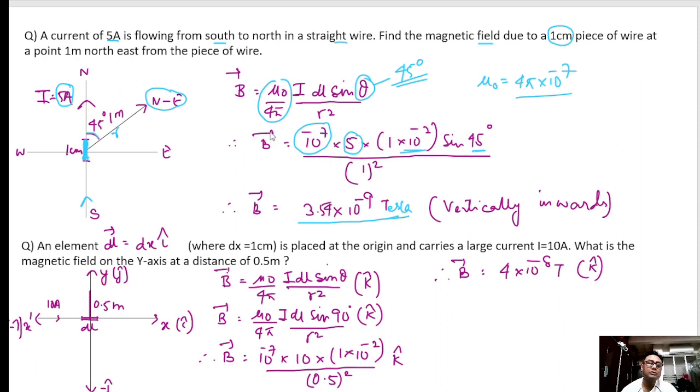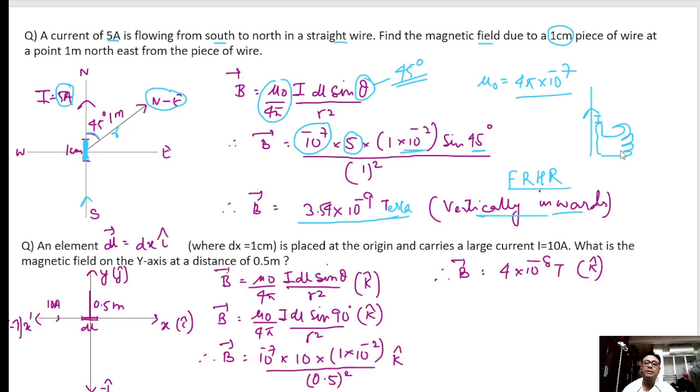And please watch one more important thing: what is the direction of this magnetic field? The direction is found by Fleming's right hand rule, which says that if you put your thumb in the direction of the current, the direction in which the fingers curl is the magnetic field.